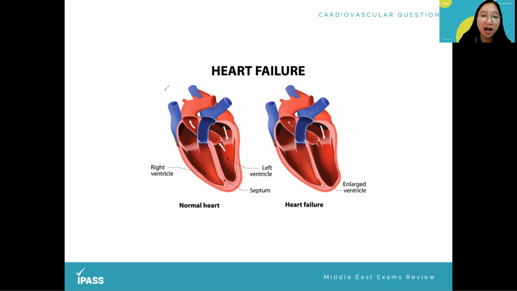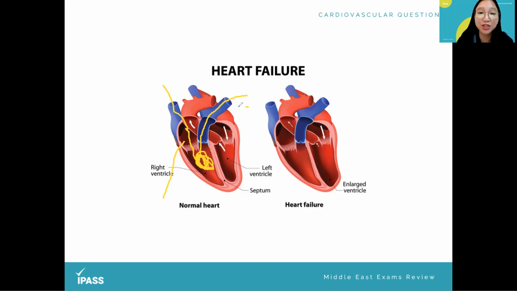Blood enters the heart from the superior vena cava and the inferior vena cava going to the right atrium, down through the tricuspid valve to the right ventricle. When the right ventricle is filled with blood, it pumps blood to the pulmonary artery, which directs the blood to the lungs for oxygenation.